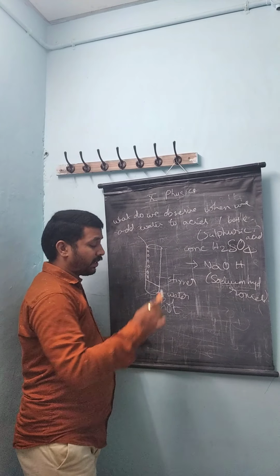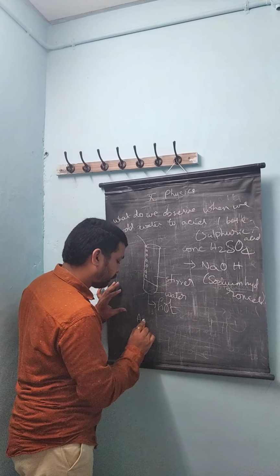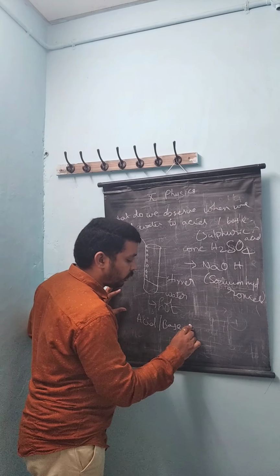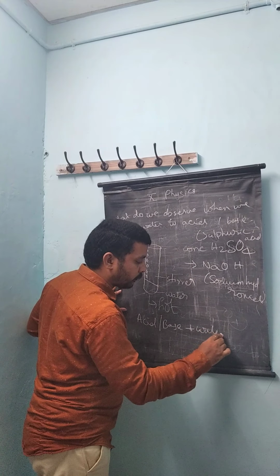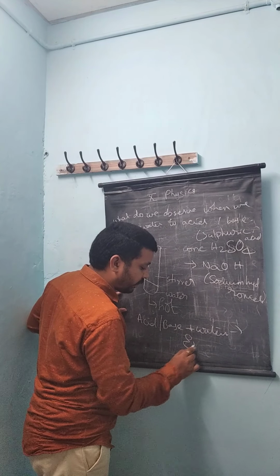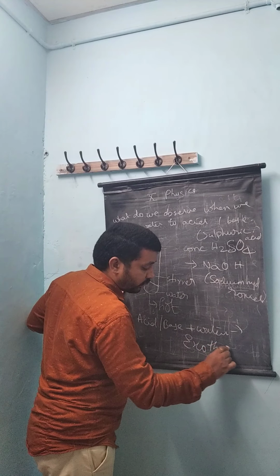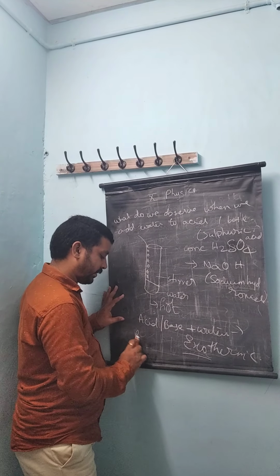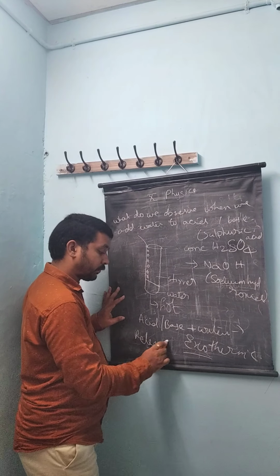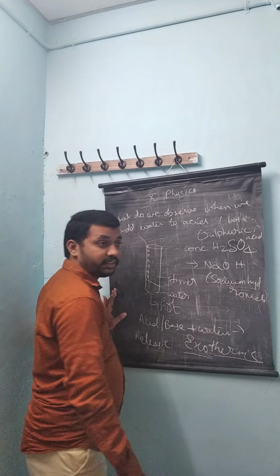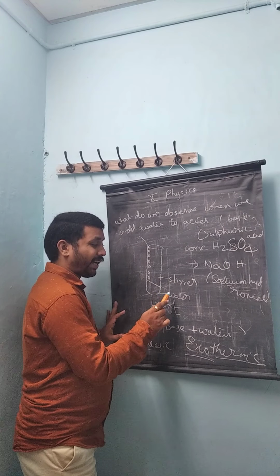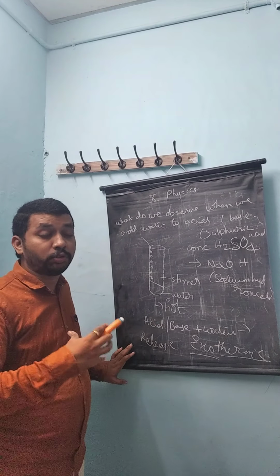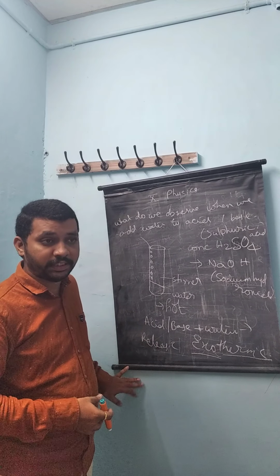That means the reaction of acid or base with water is exothermic. Exo means releasing, thermic means heat energy. That means either acid or base on reacting with water produces a huge amount of heat energy.